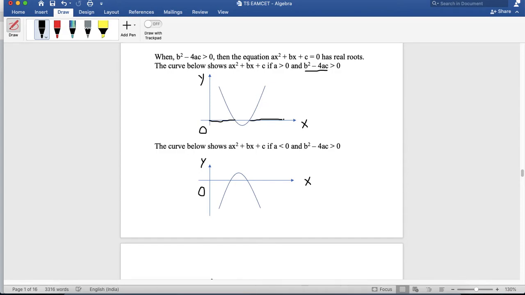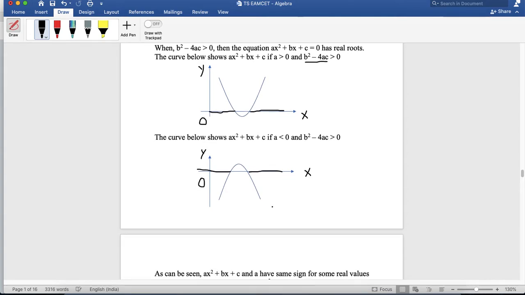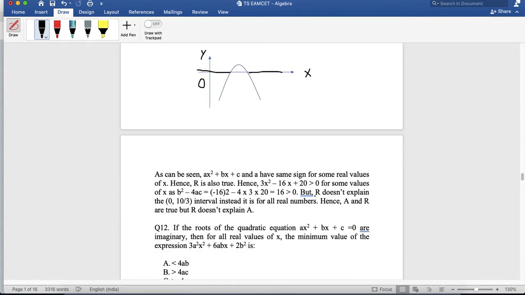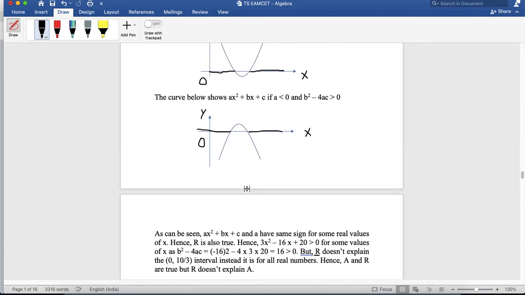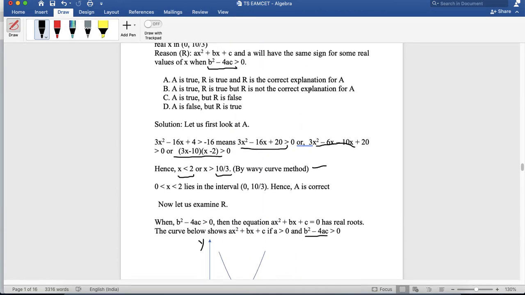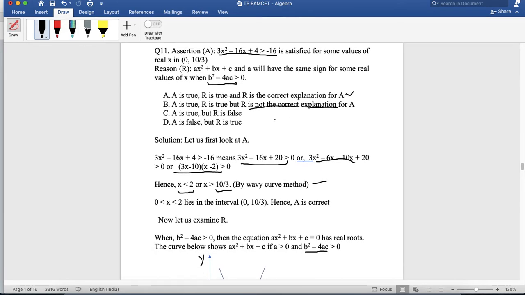Over here, if a is less than 0, then this curve is also less than 0 for all these values of x. So R is also true, but it talks about the whole x-axis, it doesn't say anything about a particular interval. Hence, I don't think it's the correct explanation. But in the answer key, it's given for this. I don't know, there might be some mistake in the problem or in the solution.